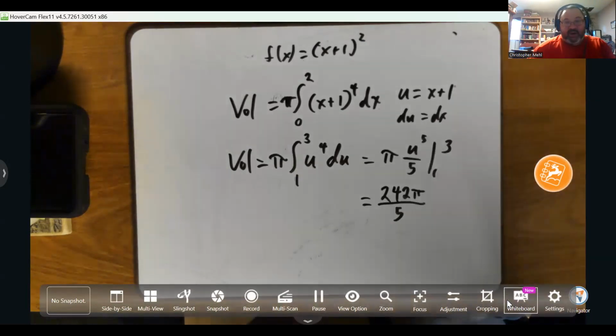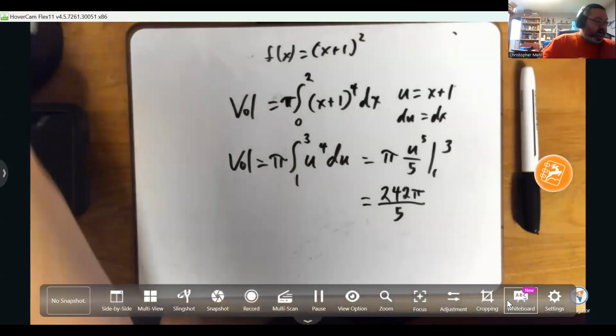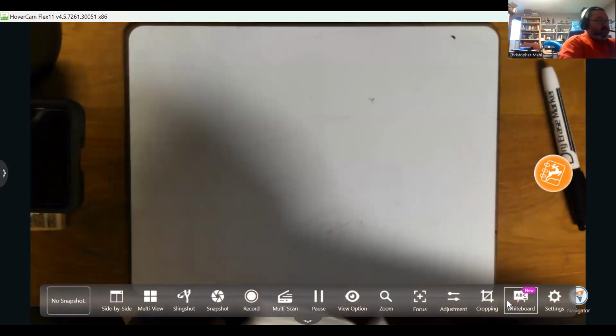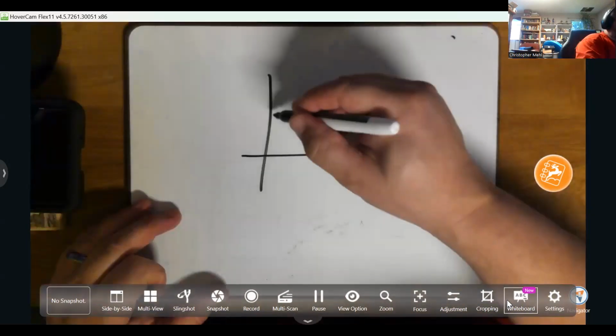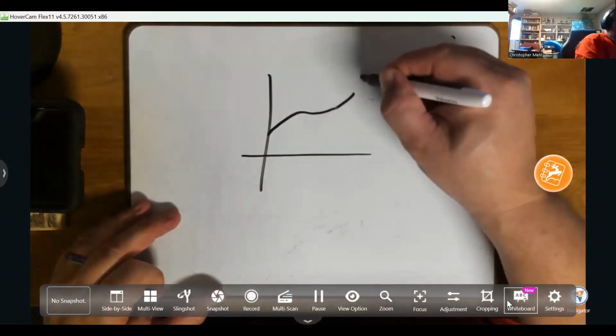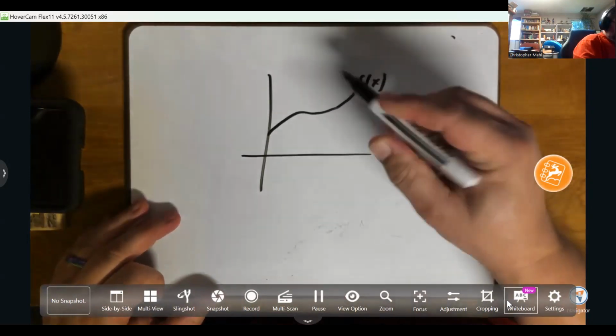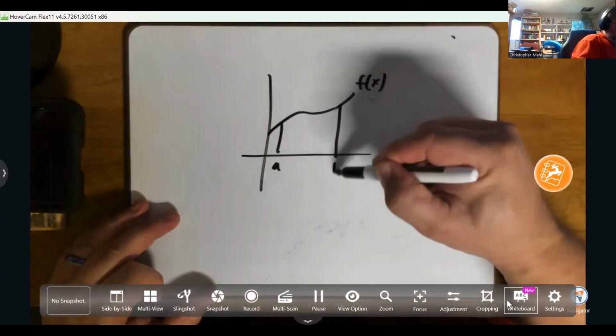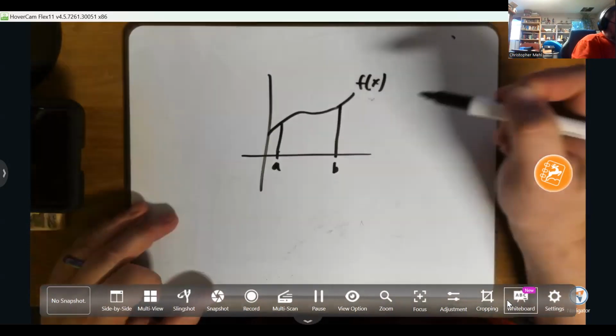Now let's look at a variation where the region R. Okay, so before, we had our curve f of x, and the region was bounded by the x-axis.